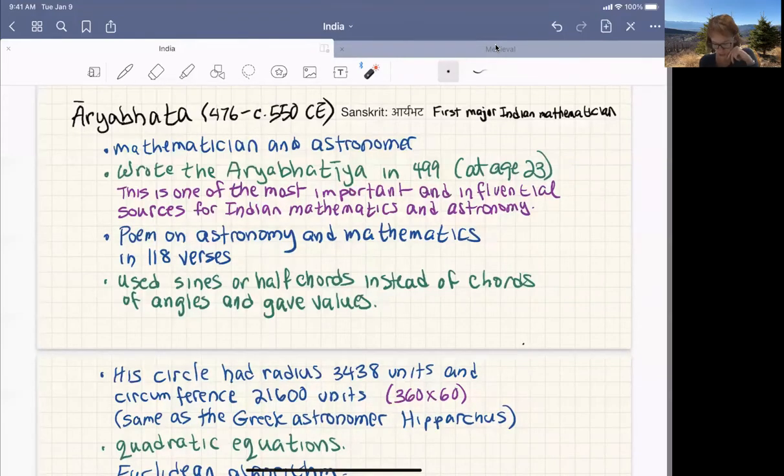So about 1500 years ago. He wrote a poem about astronomy and mathematics, and he wrote it in verse form. So a more poetic style of writing. And we're going to talk a little bit more today about using sines or half chords instead of chords.